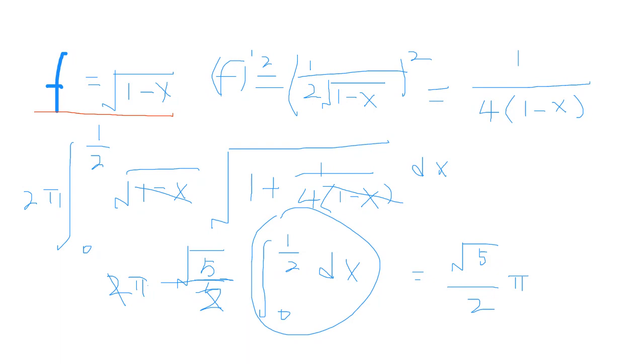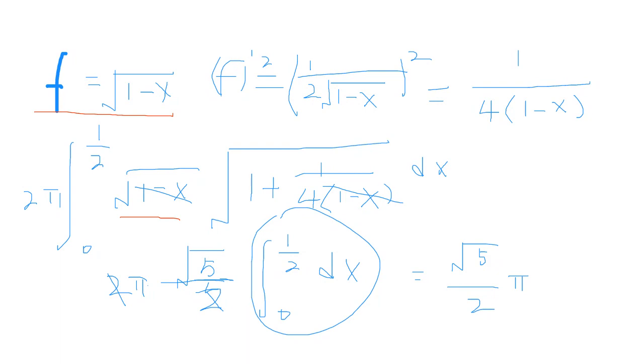The formula is 2 pi f of x times square root of 1 plus derivative square, which is 1 over 4 times 1 minus x. Both under square root sign, we can cancel out 1 minus x divided by 1 minus x. So left with square root of 1 plus 1 over 4. That's just a constant number, right? Square root of 5 over 2.